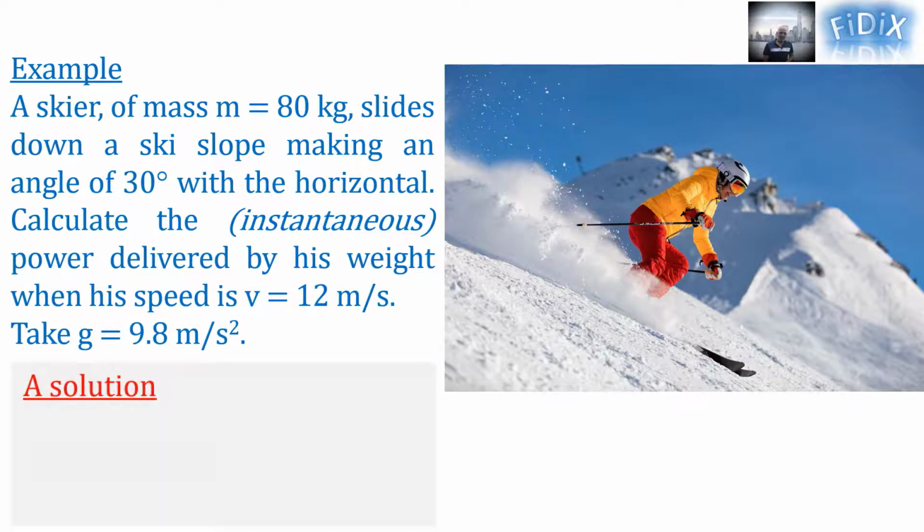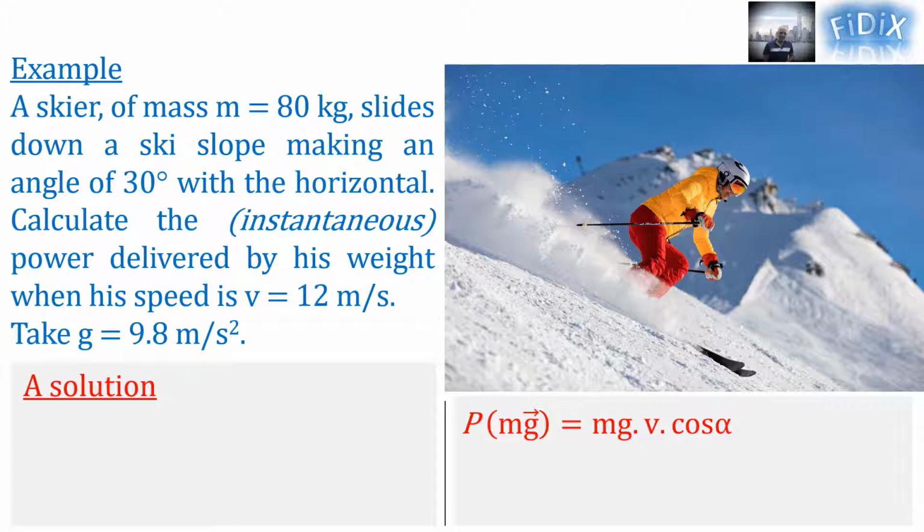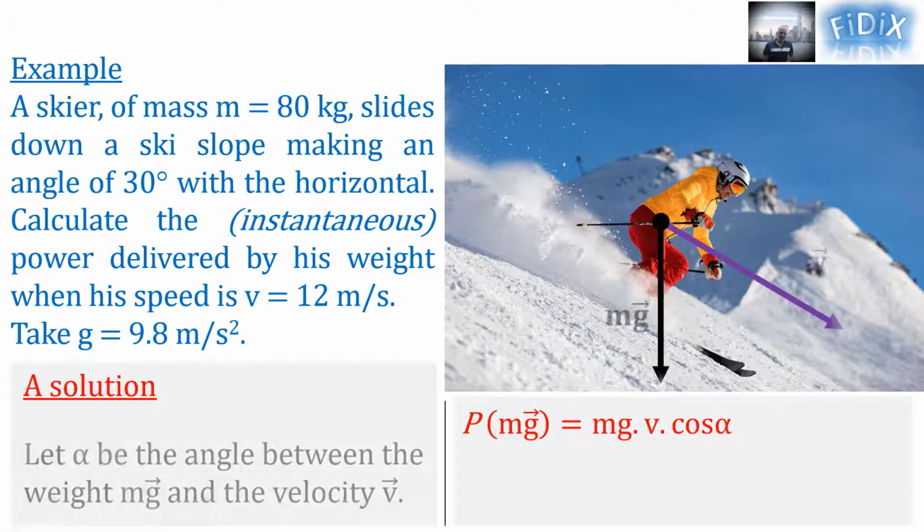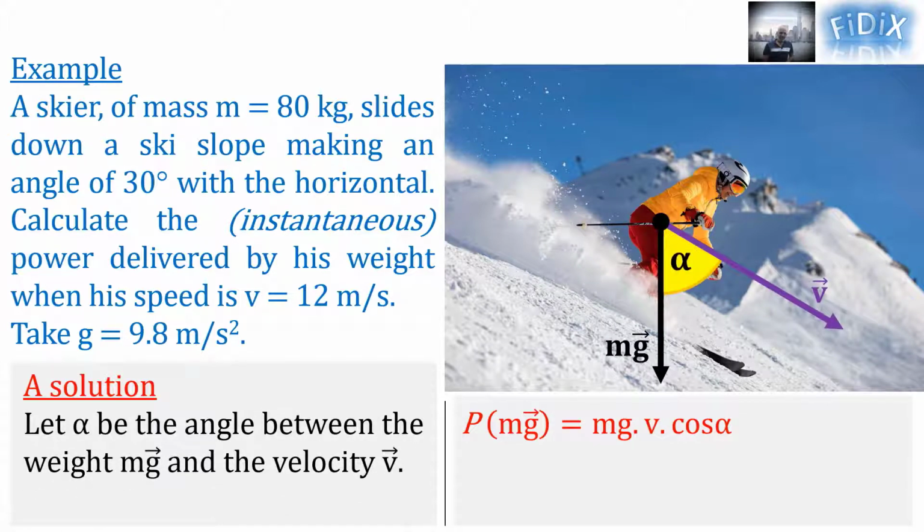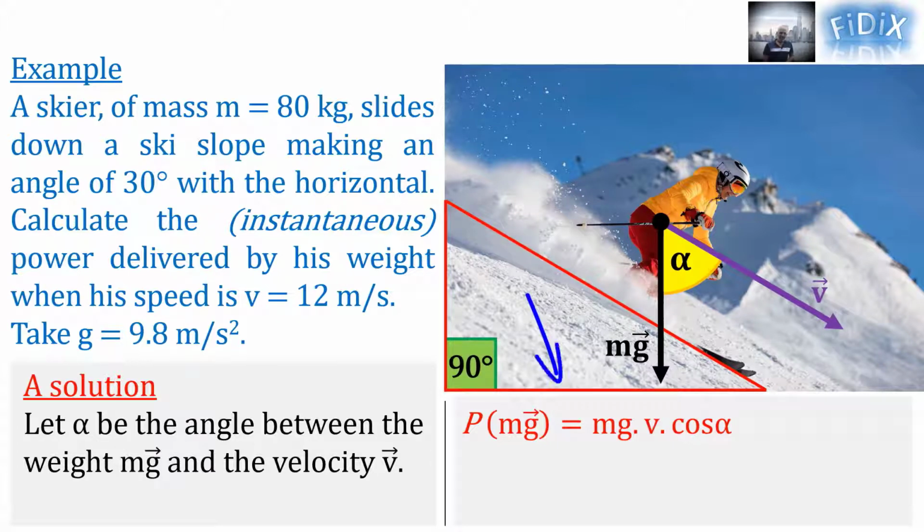To answer this question, we write the formula giving the instantaneous power delivered by the weight, where alpha is the angle between the weight mg and the velocity v of the point of application of mg. On the figure, we draw a right triangle having a horizontal side, a vertical side parallel to vector mg, and the hypotenuse parallel to vector v, thus parallel to the slope and making an angle of 30 degrees with the horizontal.